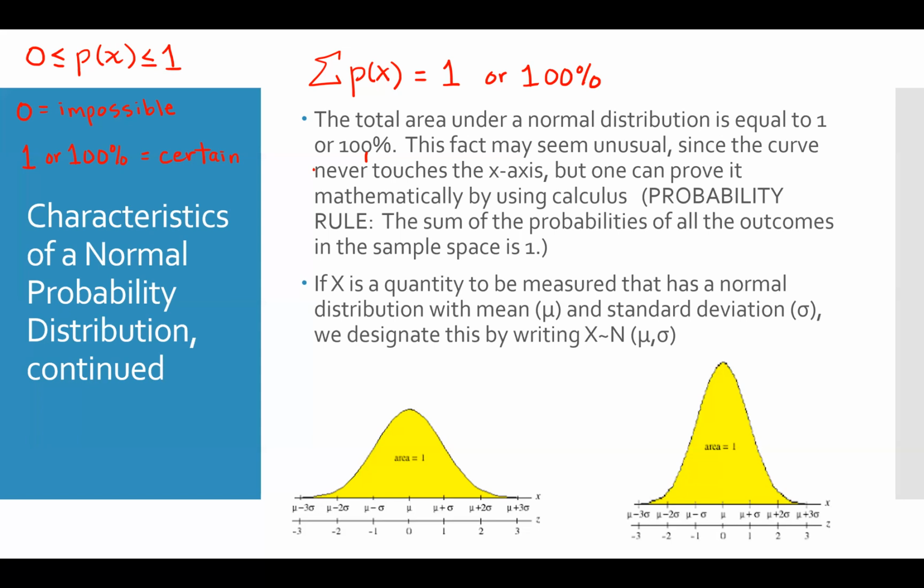We have a shorthand that basically says X is a quantity to be measured that has a normal distribution with a population mean of mu and a population standard deviation of sigma. And we write it out this way.